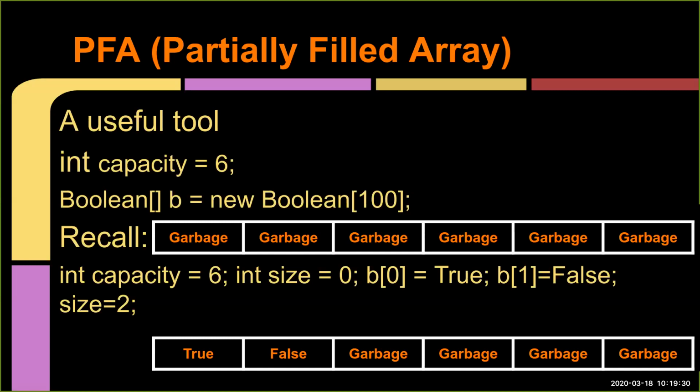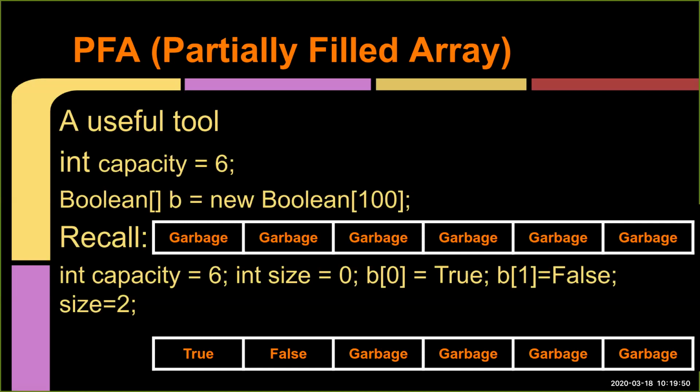So just be mindful that just because there are values in all of these positions of the array doesn't mean those values mean anything important to you, especially in the case of a partially filled array.